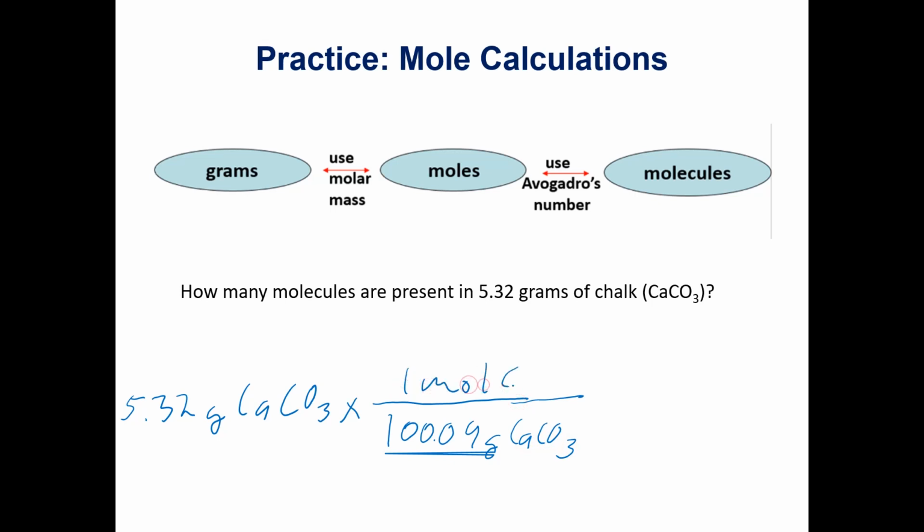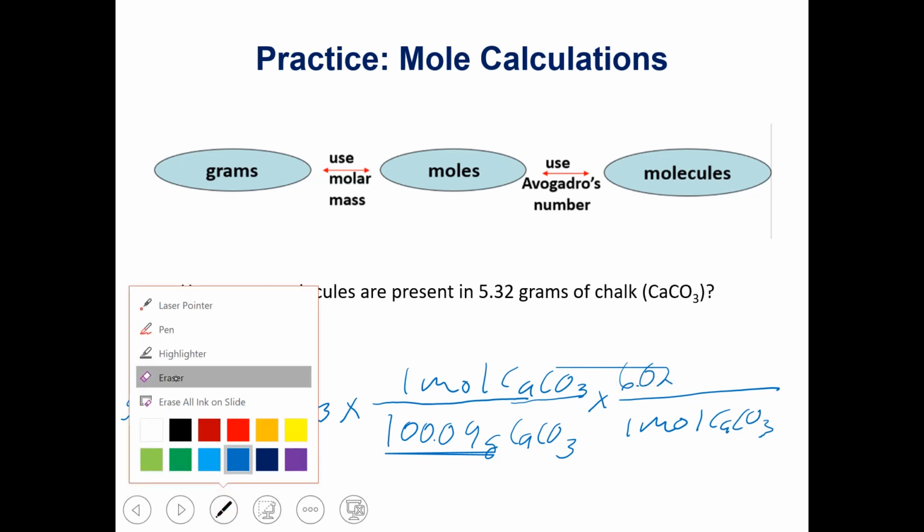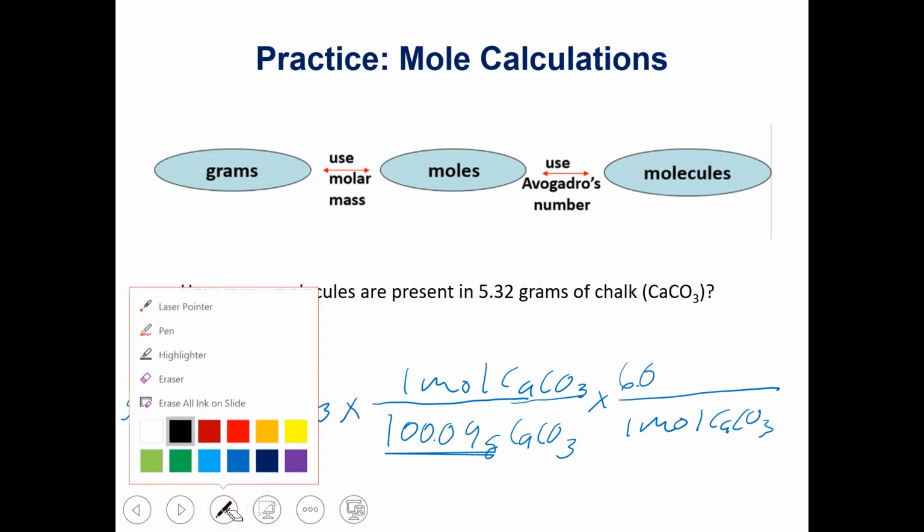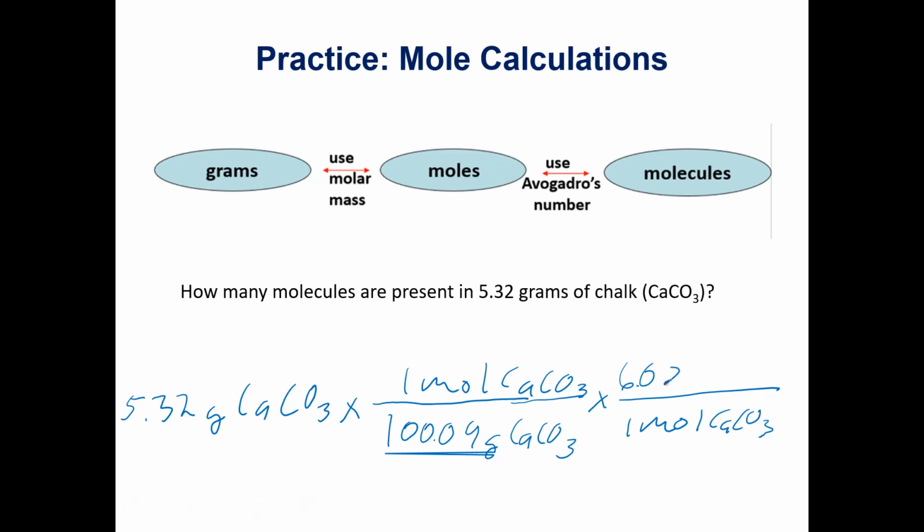Per mole of calcium carbonate. And then 1 mole of calcium carbonate has 6.022 times 10 to the 23rd molecules, and I'm kind of running out of space here, so I'm going to have to cram this in.